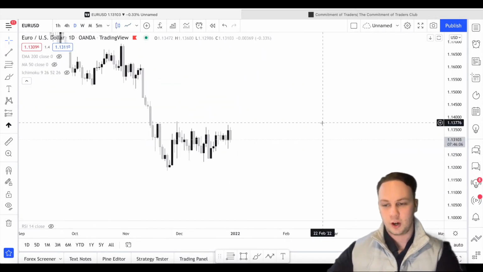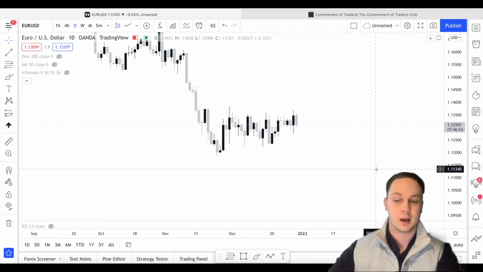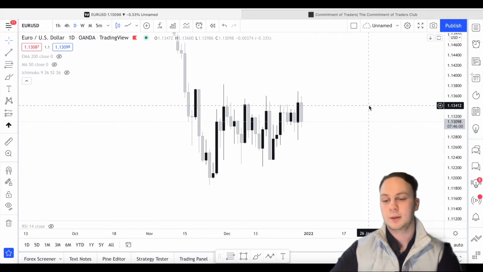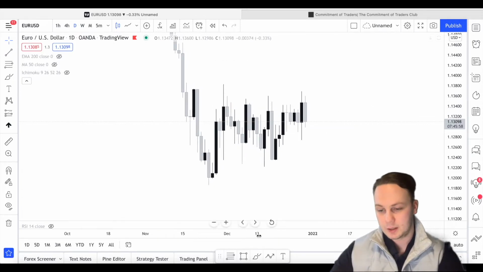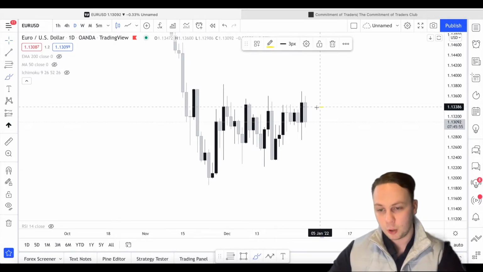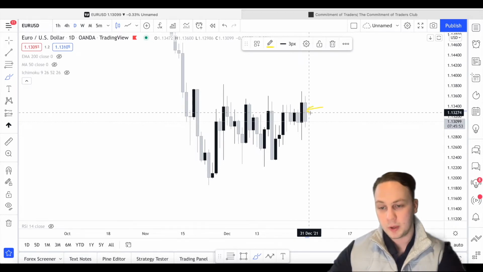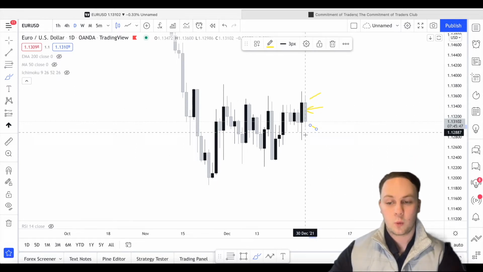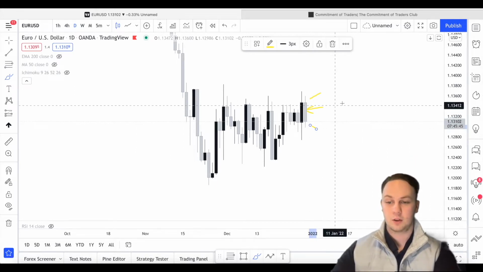And zooming in further, each candle tells us a particular piece of data. So what we have here is the body of the candle, which is the bigger bit. Then we have the wick at the top and the wick at the bottom. So you've got the body, the upper wick and the lower wick. So it's a candle.